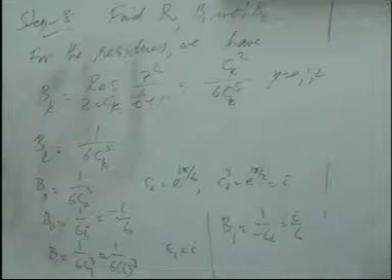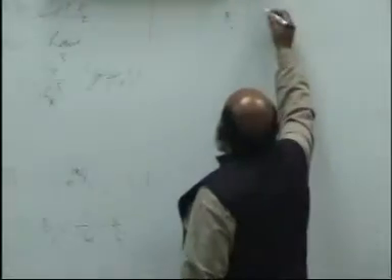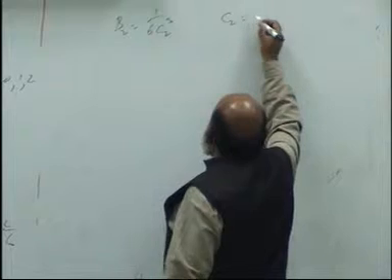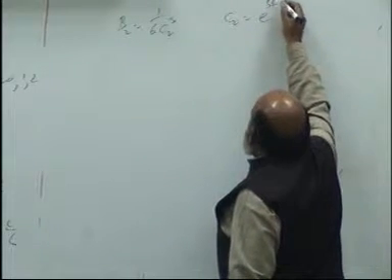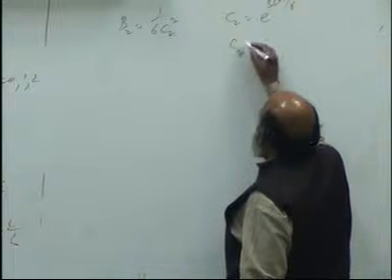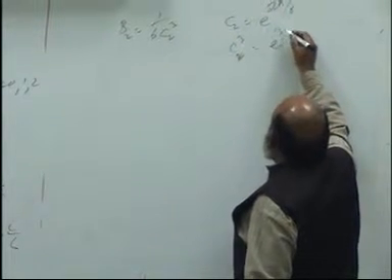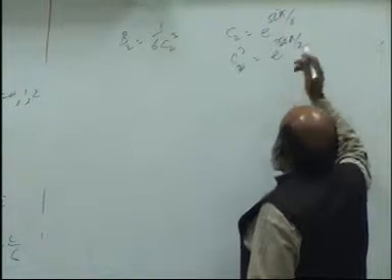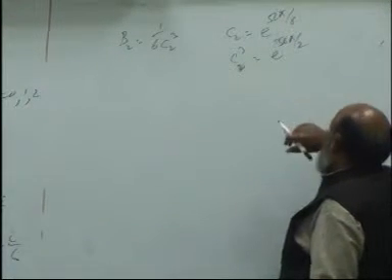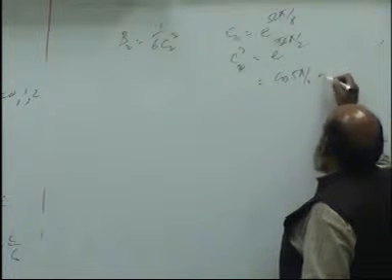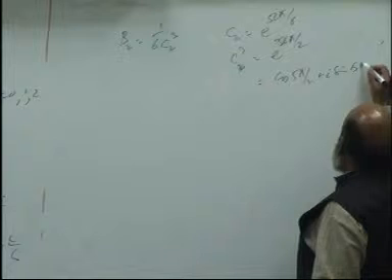And then we have B2, it is 1 over 6 C2 cube. C2 is given to be exponential 5 iota pi by 6. So C2 cube is exponential 5 iota pi by 2. It is cosine 5 pi by 2 plus iota sine 5 pi by 2.